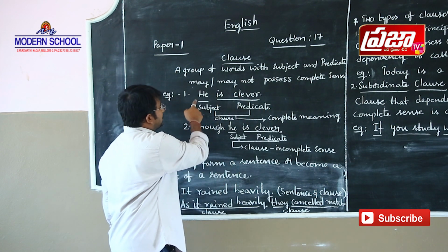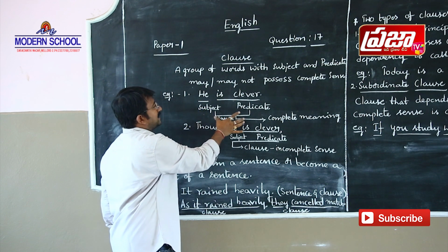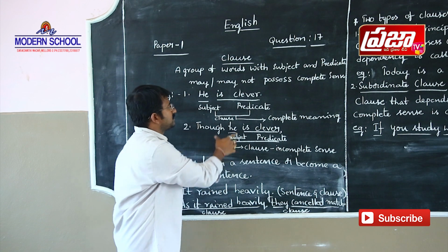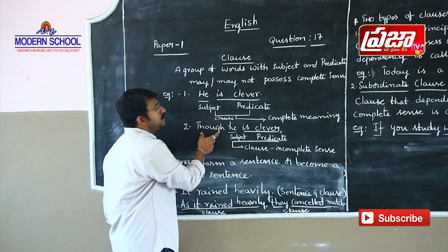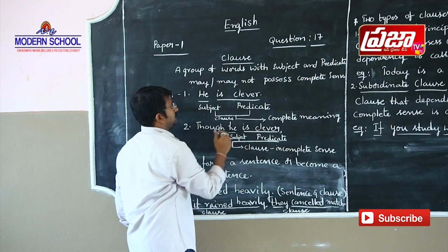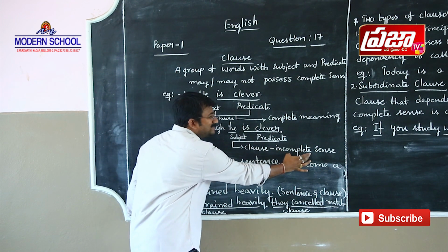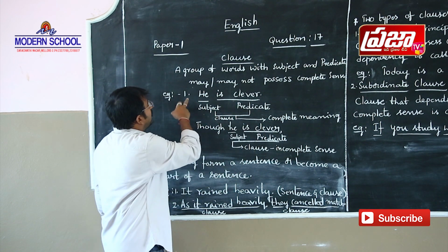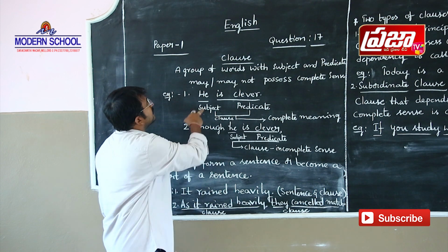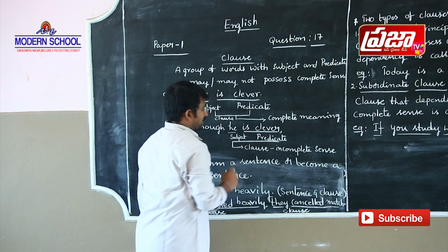If you take the first example, "he is clever," it possesses a complete sense. And if you take the second example, "though he is clever," even though it is a clause, it has an incomplete sense. So from these two examples, we understand that a clause may or may not possess complete sense.